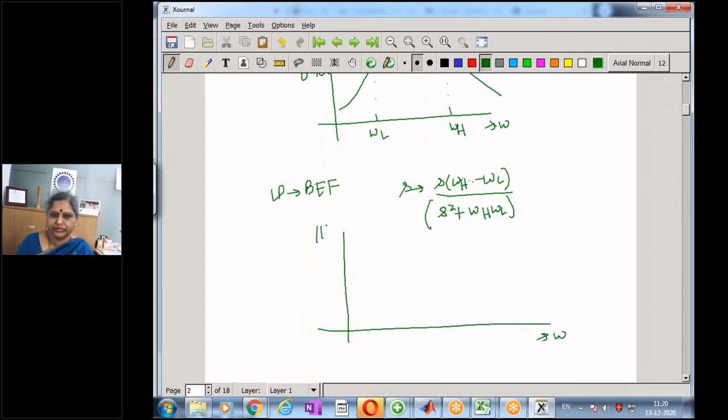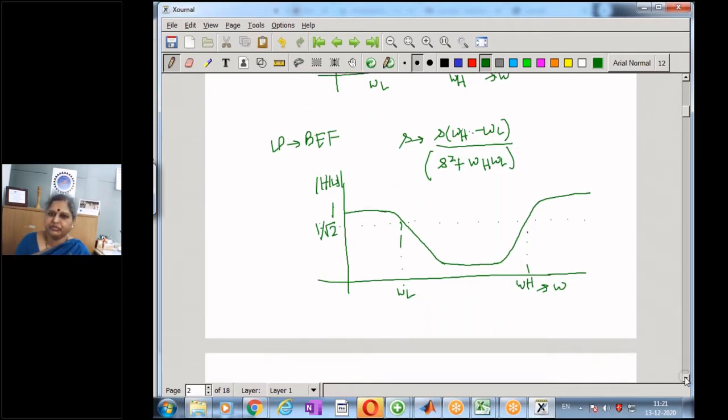The magnitude of H of omega is a band elimination filter, so it is going to remove frequencies in the band. This is 1, and this is again 1 by root 2 or 0.707 times, and this is my omega L, and this is my omega H. So this is the band elimination filter.